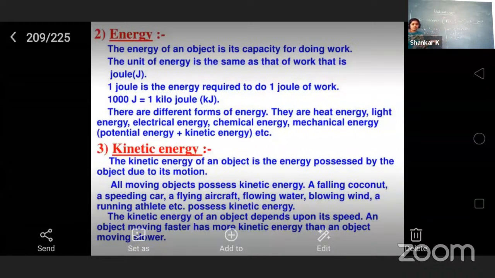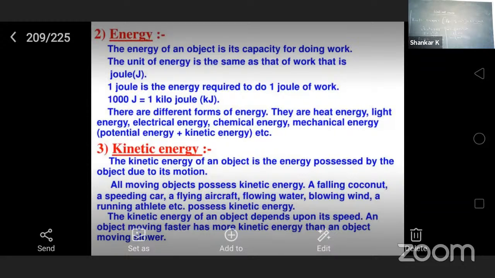W means work done. In the last lesson we learned that F is equal to ma, which we converted into W is equal to half m v square.